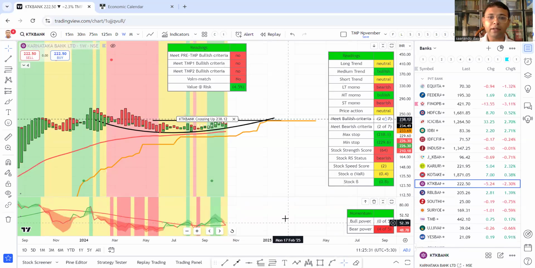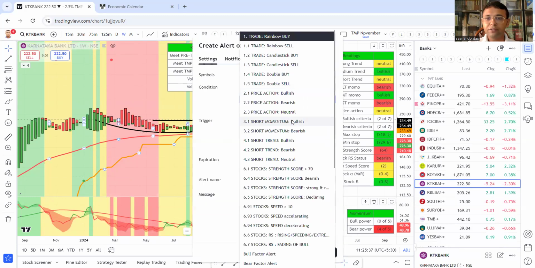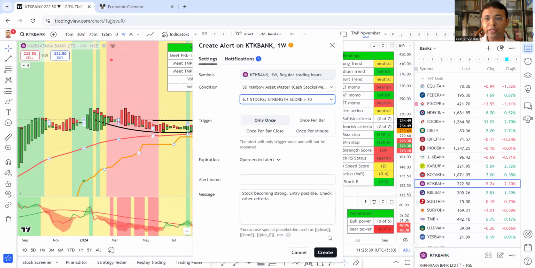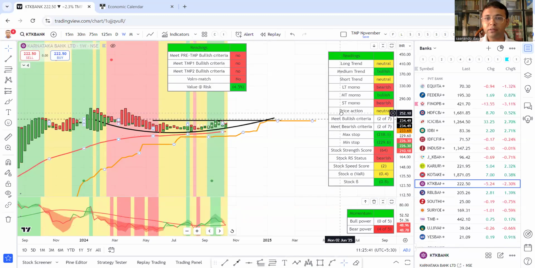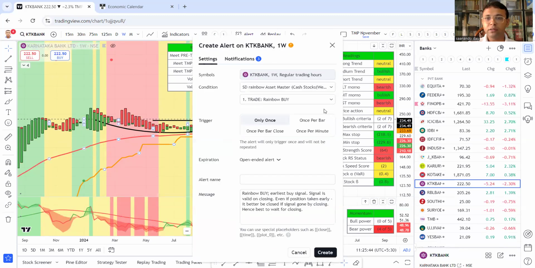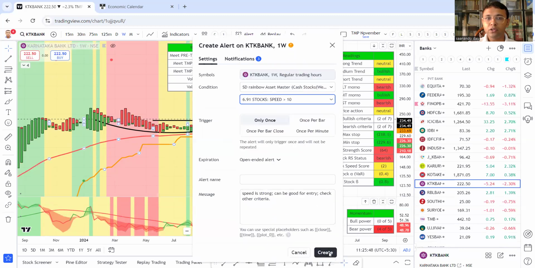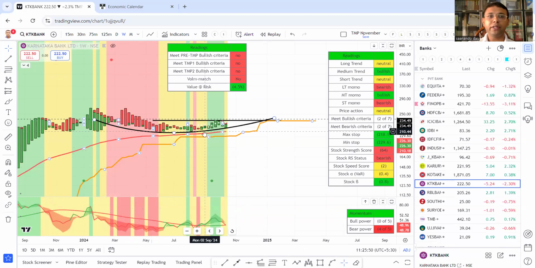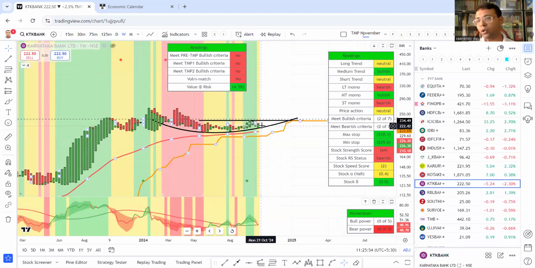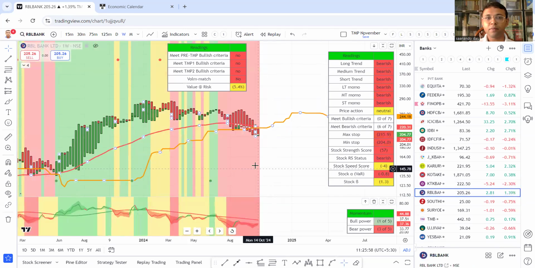In addition to that, let us have other alerts like strength score greater than 70, and speed score greater than 10. So these were good purchase areas for Karnataka. As long as the stock needs to consolidate, give it time to consolidate.